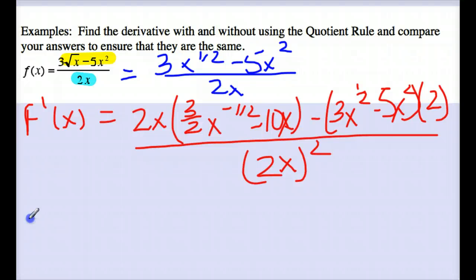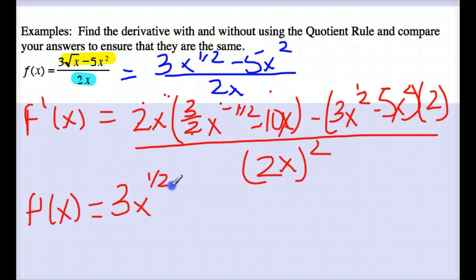We are going to get f prime of x is equal to, and I'm going to have to distribute these over. As you notice in the first one, my 2's are going to cancel, and I'm going to get 3x, and I have a 1 up here, and I have a negative 1/2. That's going to give me a positive 1/2 minus 20x squared from distributing here.